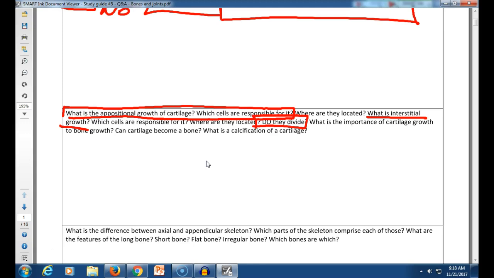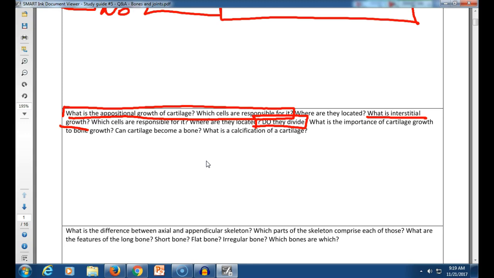What is the importance of cartilage growth in relation to the bone growth? Can anyone tell me? Can bone grow without cartilage growth? No. Because, well, it can remodel without cartilage involvement.